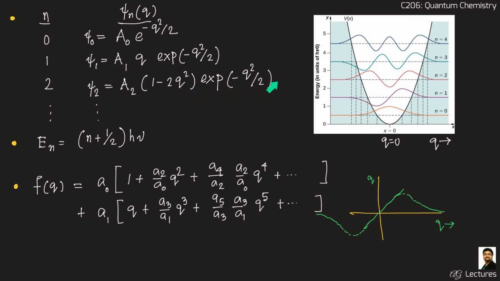Then this asymptotic part will slowly bring the wave functions down to 0, no matter what n is, 1, 2, 3, 4, etc. And the corresponding energies are just going to be 1/2, or 3/2, or 5/2, or 7/2, or 9/2 h nu, and these are the wave functions, and that is how the simple harmonic oscillator works.